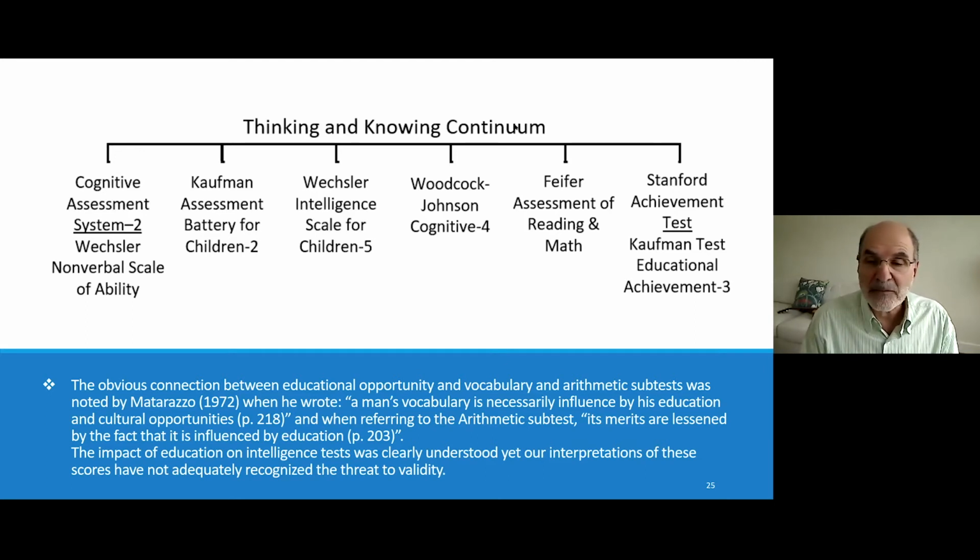And referring to arithmetic subtests, its merits are lessened by the fact that it's influenced by education. So even though all these tests that we call gold standards, like the WISC-5, are considered the way of measuring intelligence, they're confounded by knowledge.